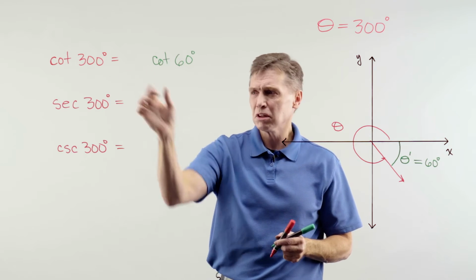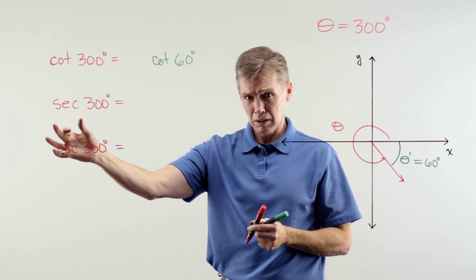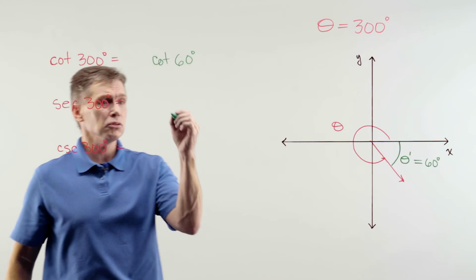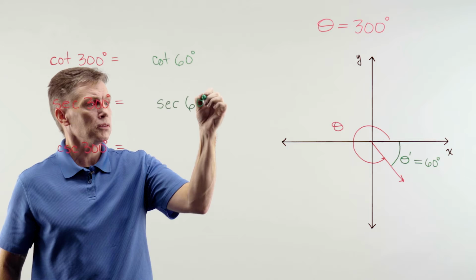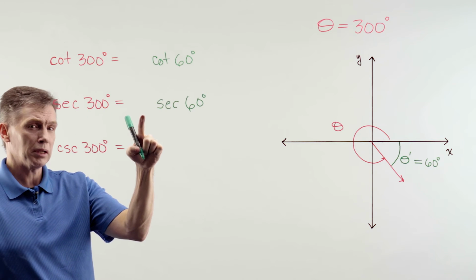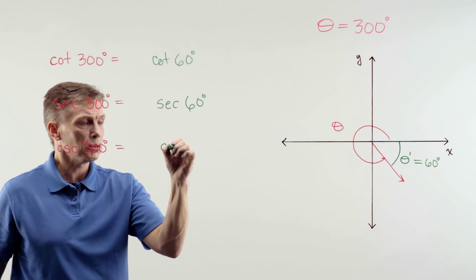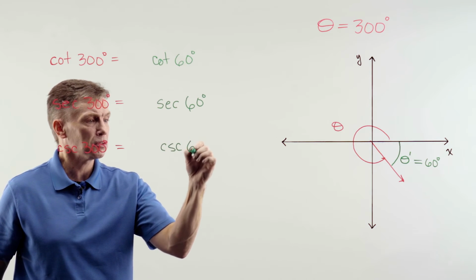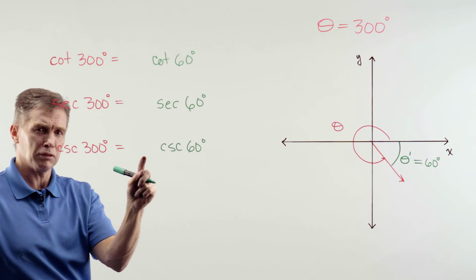But let's flesh out the rest of these other trig functions they're asking of us. The secant of 300 degrees will also equal the secant of 60 degrees, but I've left myself a blank again. Okay, cosecant of 300 degrees is going to equal the cosecant of 60 degrees. Again, possibly though with that minus sign in front.